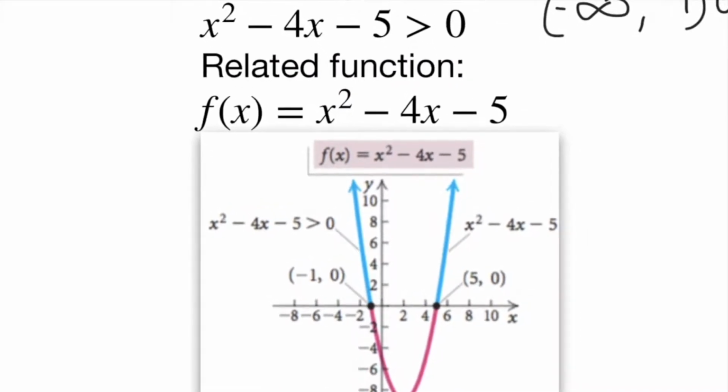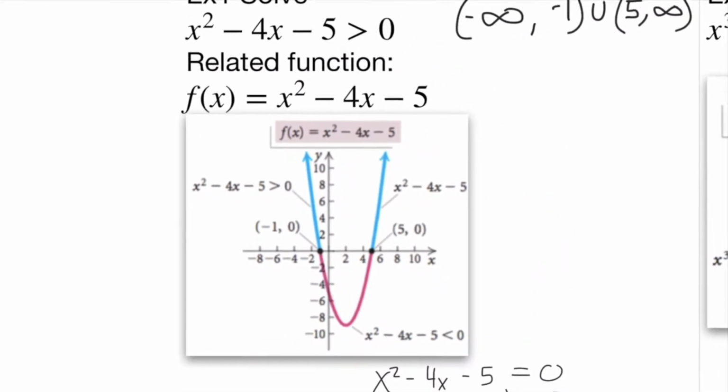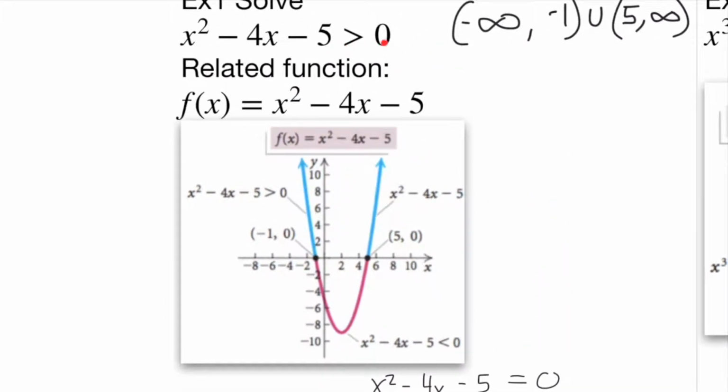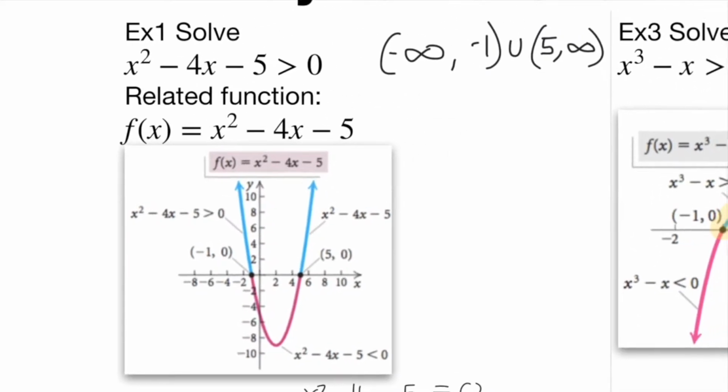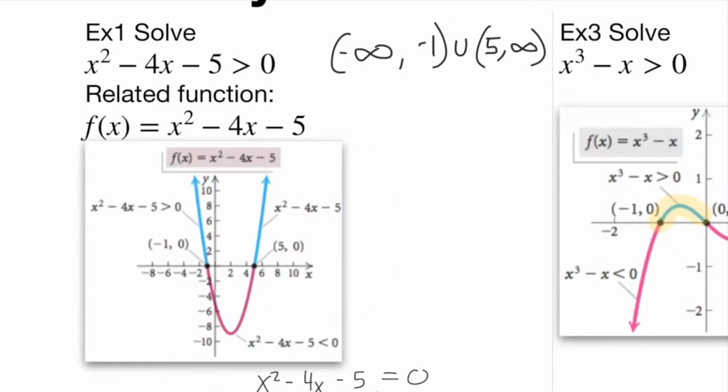And so if your goal is to figure out when is this function going to be greater than 0, or when is this polynomial going to be greater than 0, then graph it and figure out where the graph is greater than 0. And the graph happens to be greater than 0 in these two regions. So the answer is going to be wherever you see the graph greater than 0.